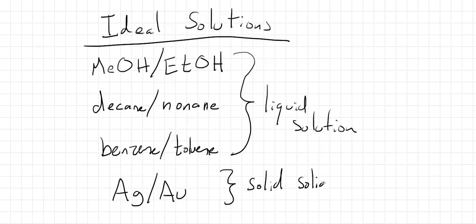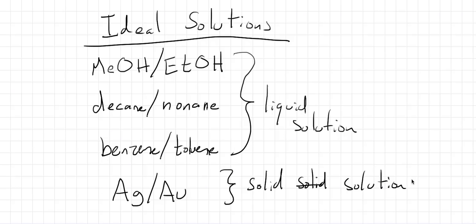Okay, solid solution. If we look at the radius of a silver atom and a gold atom, they're not that different. They're both transition metals in about the same part of the periodic table. So their properties are very similar, and they can replace each other in the crystal lattice that they form in the solid.